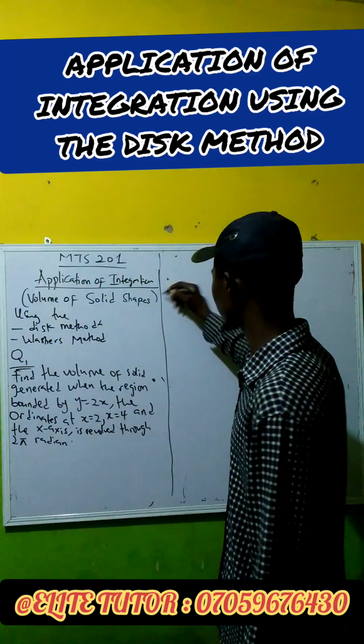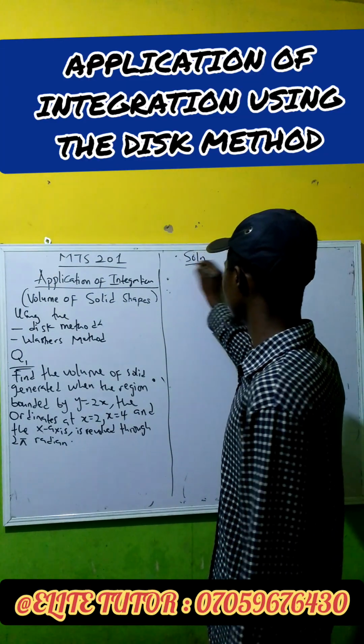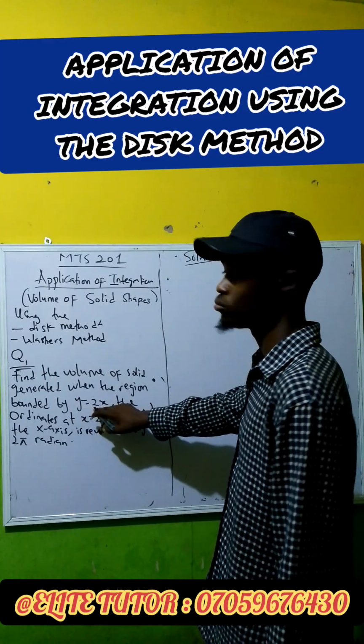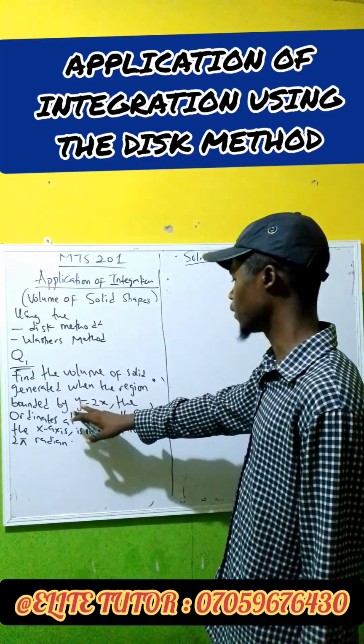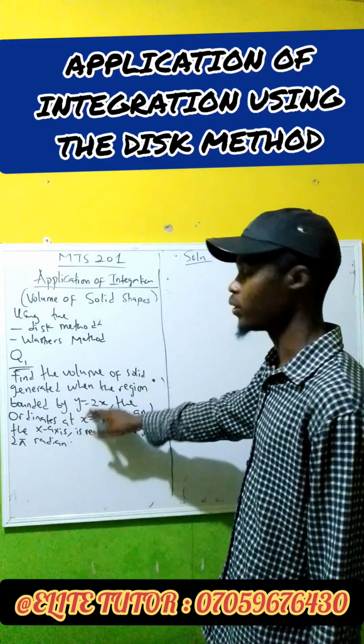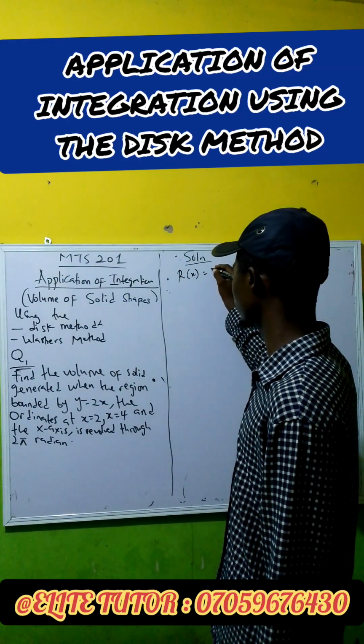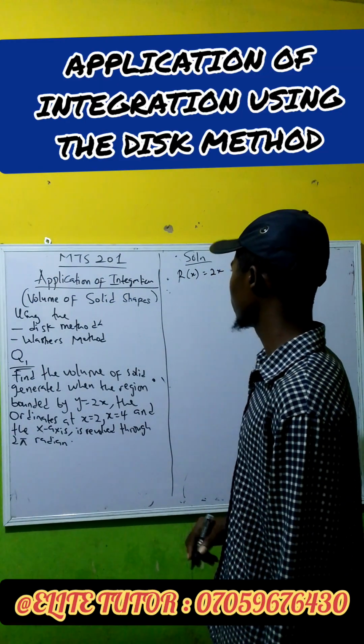So now, solution. Inside this question, it is very clear that our y of x is y equals 2x. So your r of x is equal to 2x. Do you understand?